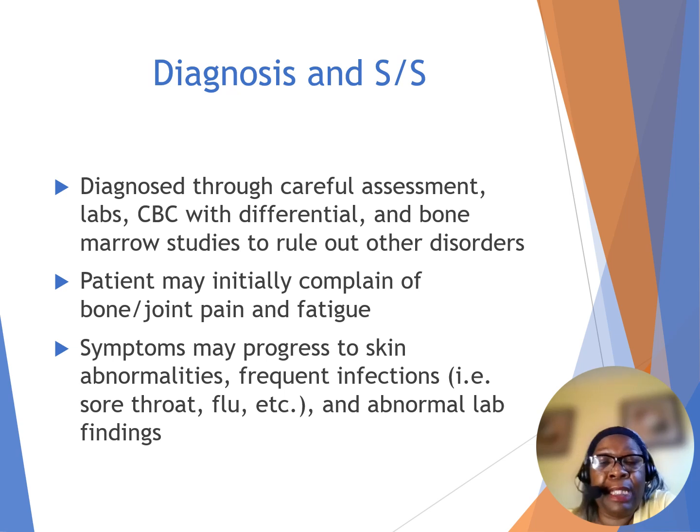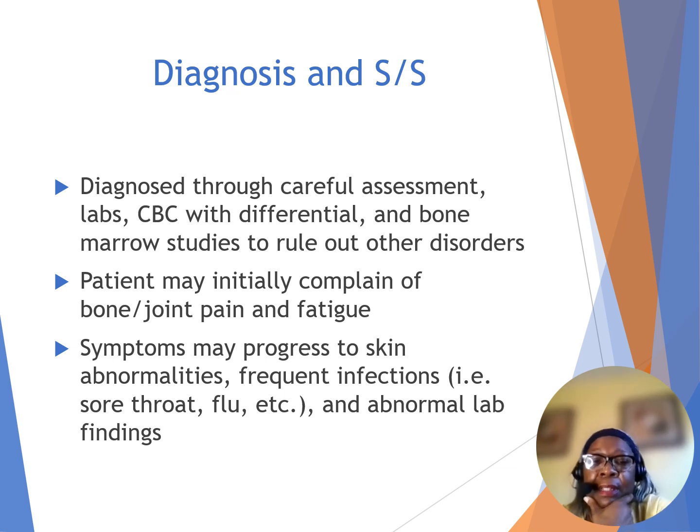Diagnosed through careful assessment, lab, CBC with differential because why? We want to look at the different types of cells, right? Remember, there are 5 different types of white cells. So we want to look at the count and bone marrow studies to rule out other disorders. Patient may initially complain of bone or joint pain and fatigue.